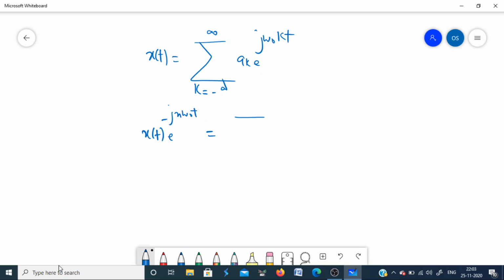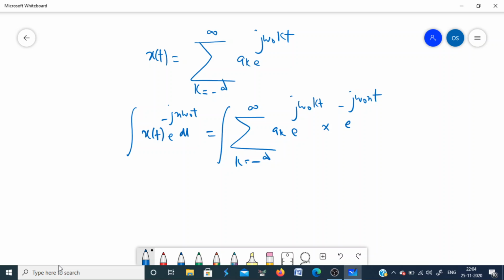So I can write it as summation of k from minus infinity to plus infinity a_k e raised to power j omega naught k t into e raised to power minus j omega naught n t. And after this multiplication, we integrate on both sides for one time period, 0 to T, or you can take from T to 2T, 2T to 3T, or in general over any one time period, because the signal is periodic. So integration for one time period will be the same.